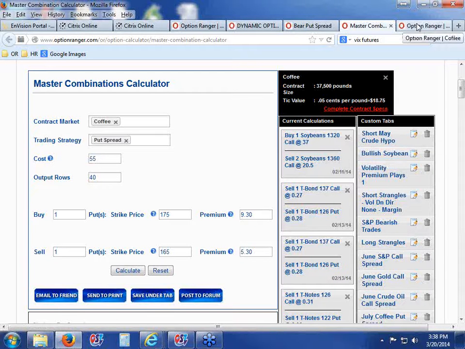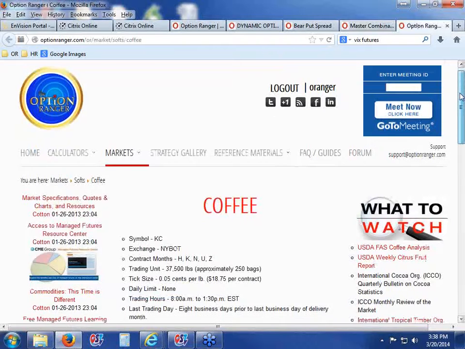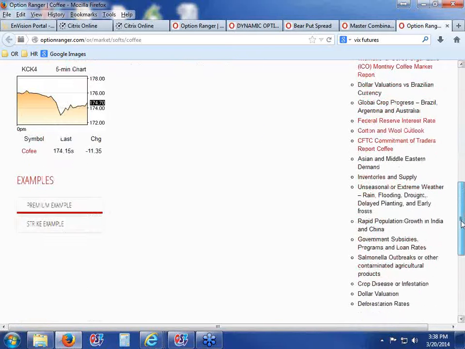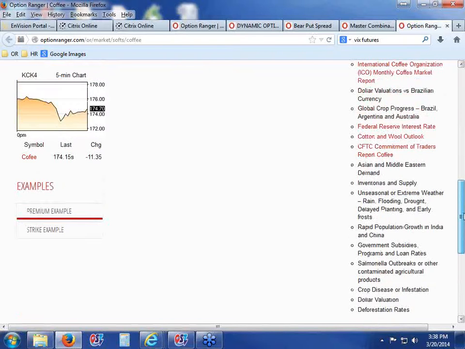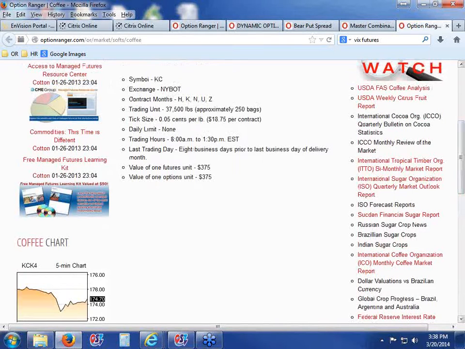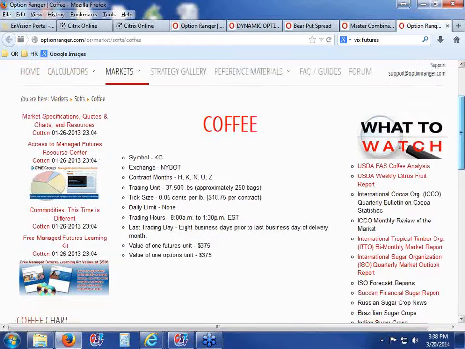So when you select coffee in this case, if you want some more information about coffee, you get the particulars, the contract specifications, trading hours, and in the right-hand column you have our list, and we're always open to more suggestions of primary and secondary sources for information of what one should follow when speculating or doing any trading in the coffee market. Some of these are general points to follow. Others are actual links to primary sources that update regularly and provide essential information.